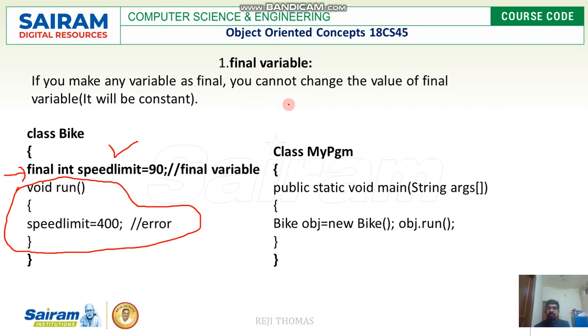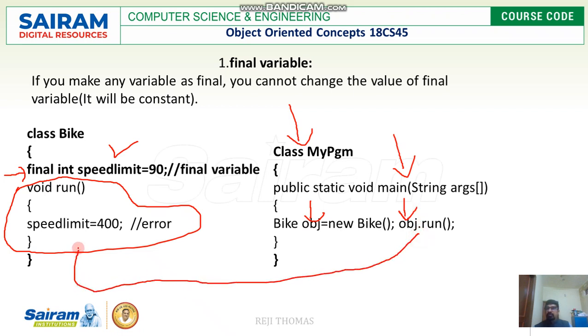So let us see the main class where my main method is available, and where I've created an object of the class bike. So obj is the object which I've created, and look at this. I'll invoke the method called run using this object. It will come to this run. But what happened? Here I'm going to change the value of speed limit.